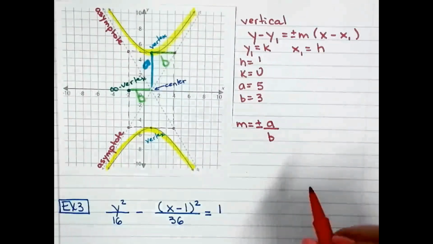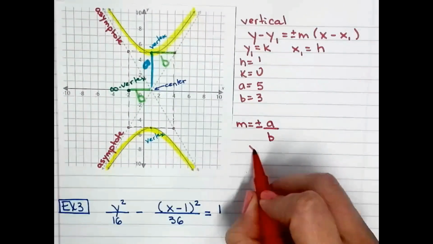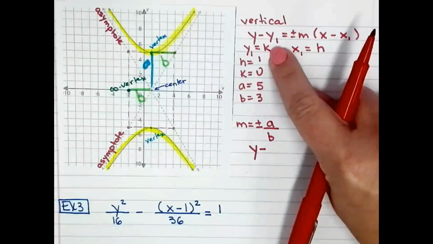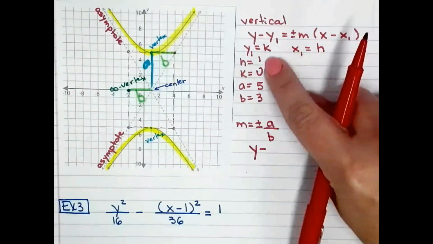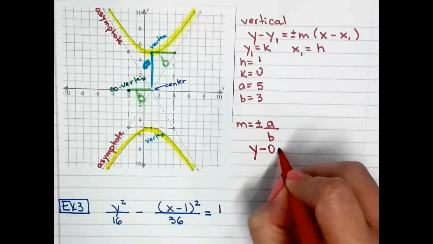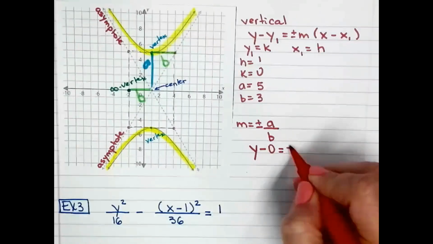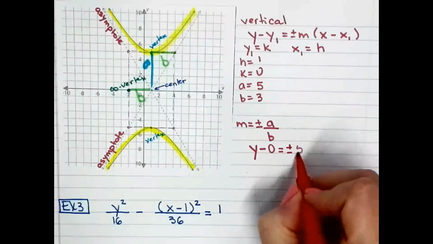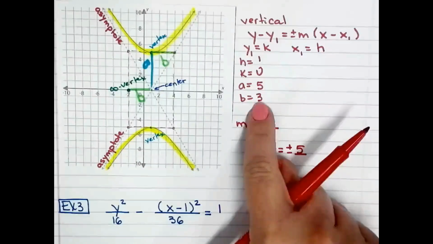So we're ready. So y minus, I will plug in k for y1, so k is 0, plus or minus A is 5, B is 3.